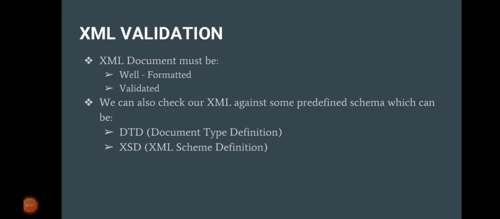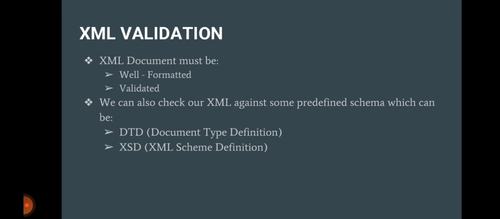Now XML validation. When we talk about validation, we are validating the syntax and the structure of our XML message. That is, we check that the XML is well formatted, that it satisfies all the basic syntax conditions. Then we can also check our XML against some predefined schema, which can be a DTD, that is document type definition, or can be XSD, called XML schema definition.